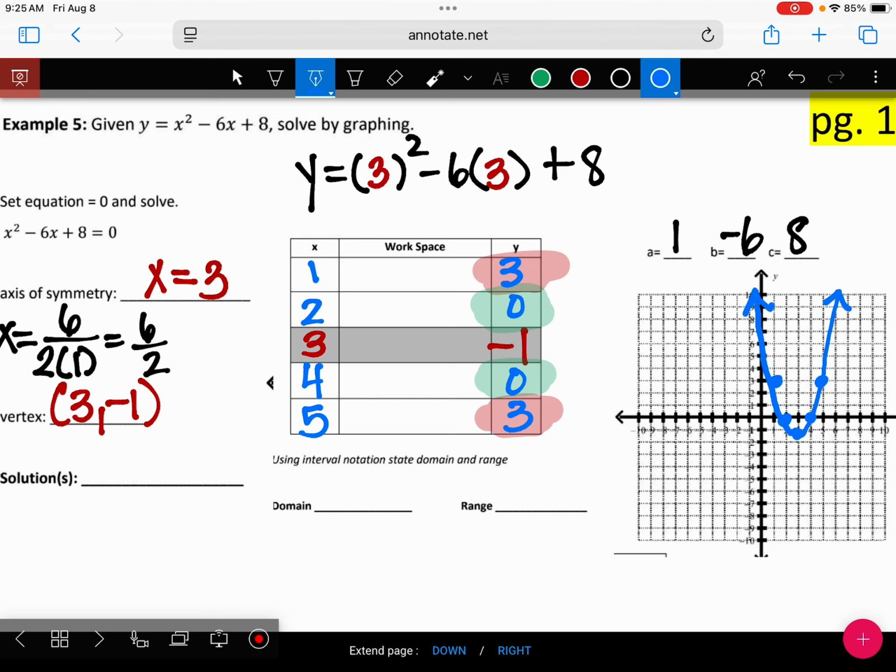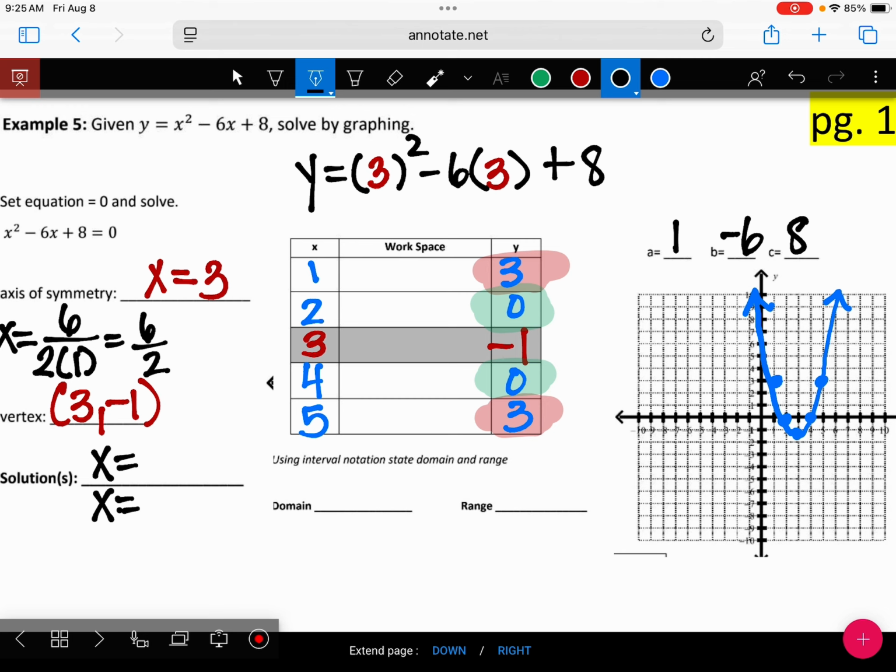All right. Jeffrey, what are the solutions for this graph? I can move you on Monday so you can see.